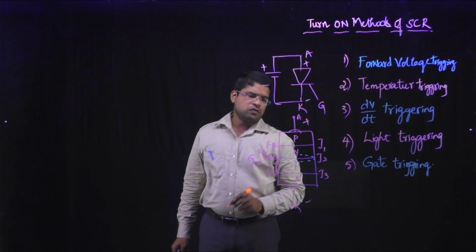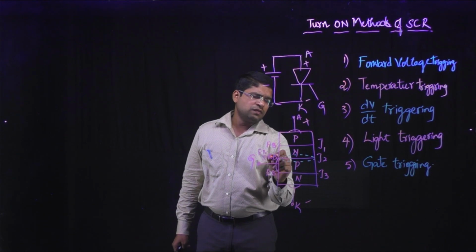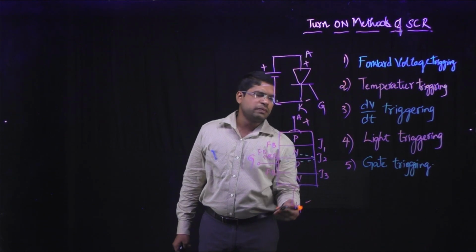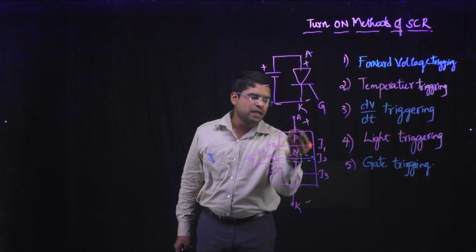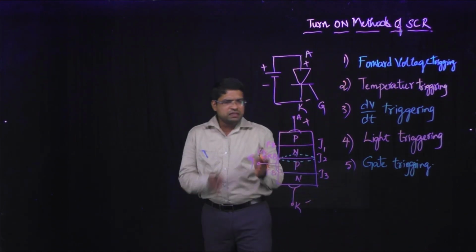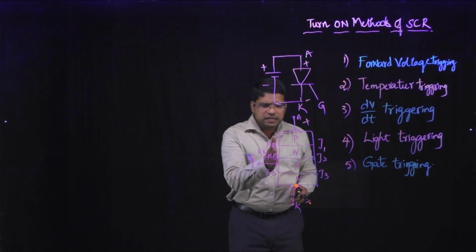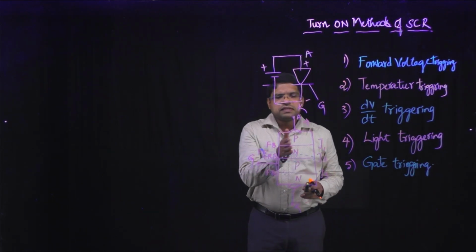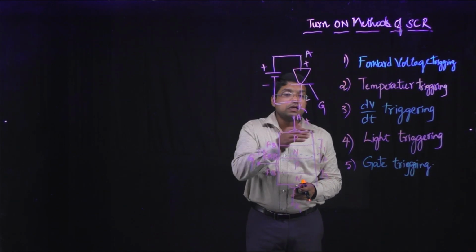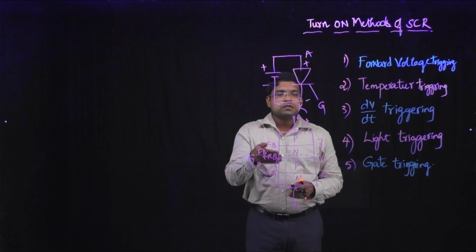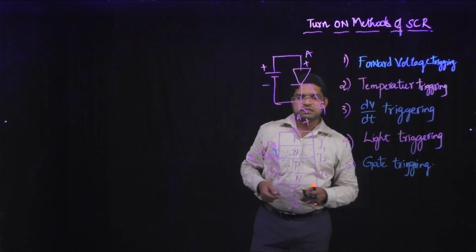Then a high amount of current starts to flow from anode to cathode. That means the device is conducting, brought from its forward blocking state to forward conduction state, which is called triggered.